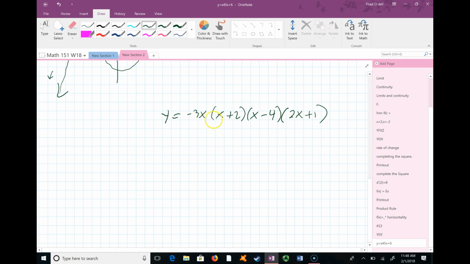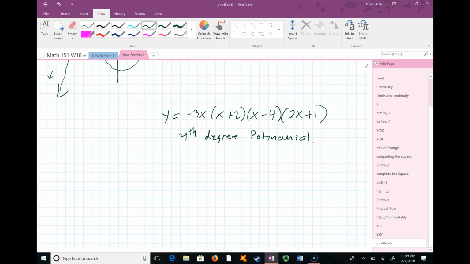Looks like I have 4 factors of x, because when I multiply all that stuff together, I'm going to have to multiply all those together at some point. So I know that this is a 4th degree polynomial. Which means, and the leading coefficient, I'm going to multiply 2x by x by x by -3x, which means in the end, it's going to be a negative leading coefficient.